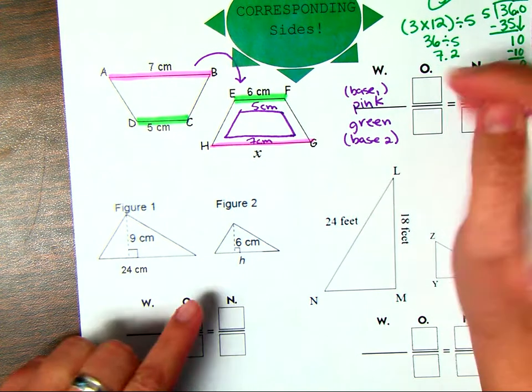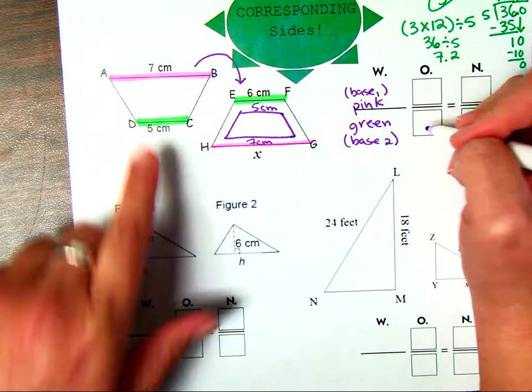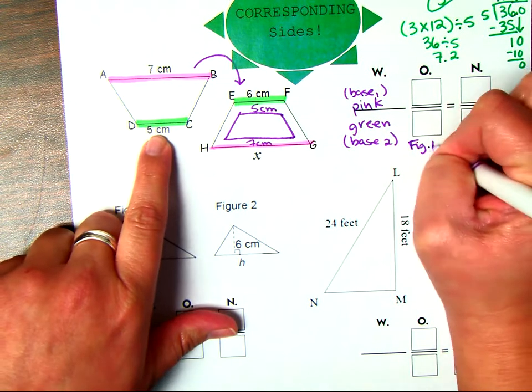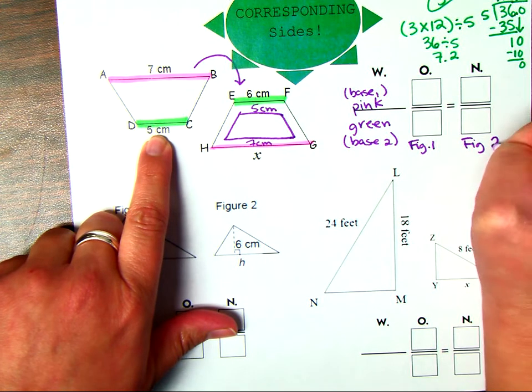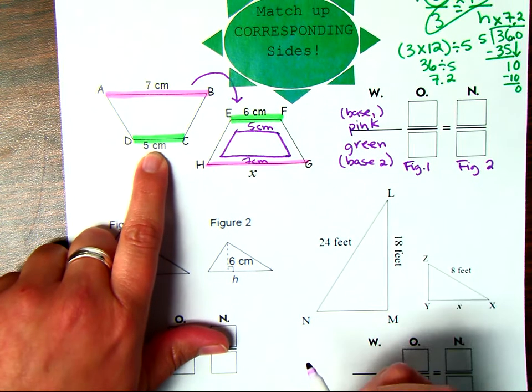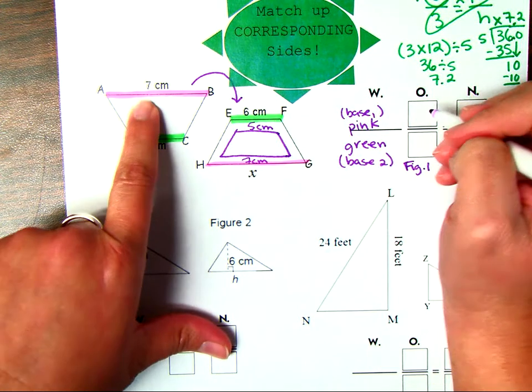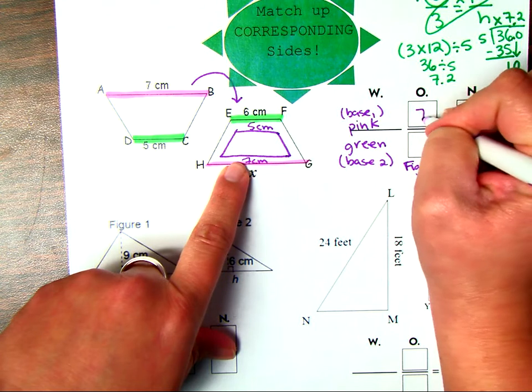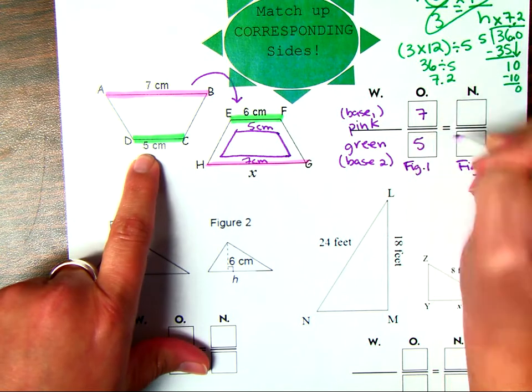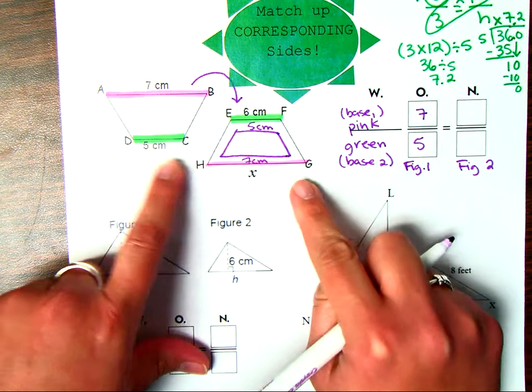So my original ratio again, we can say this is my first figure, and we're going to write our corresponding sides, matching that up with figure 2. So if I compared pink to green, well, 7 was my pink and 5 was my green, so you could either see with the picture or how we draw it in here.